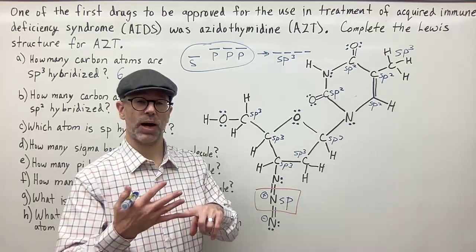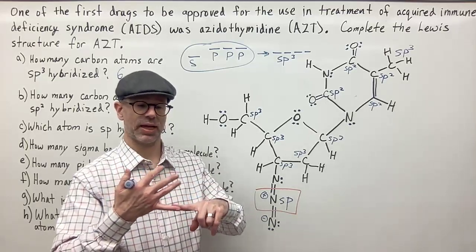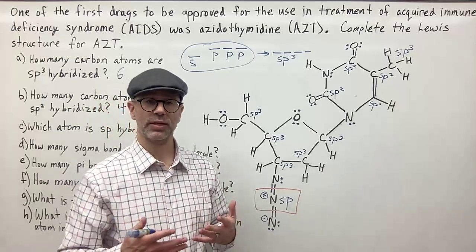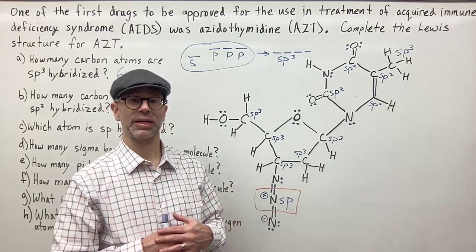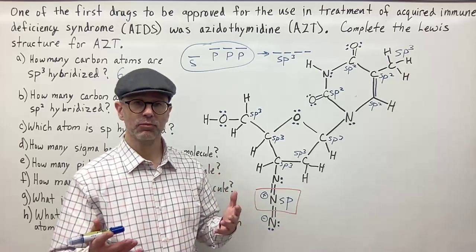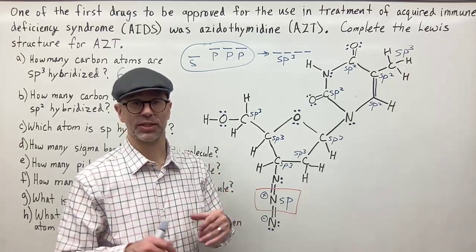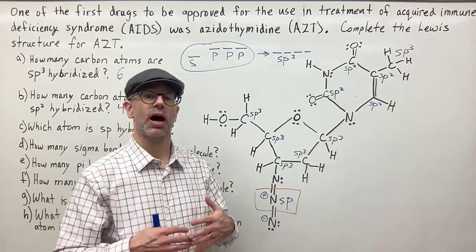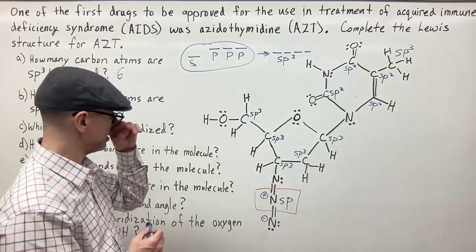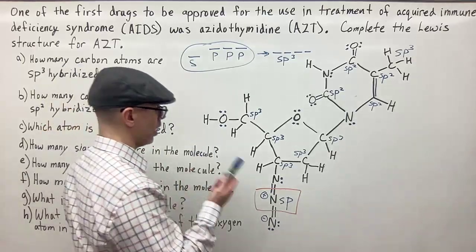If you have a triple bond, then it's going to be one sigma bond and 2 pi bonds. So anytime you have a bond between atoms, it's a sigma bond.